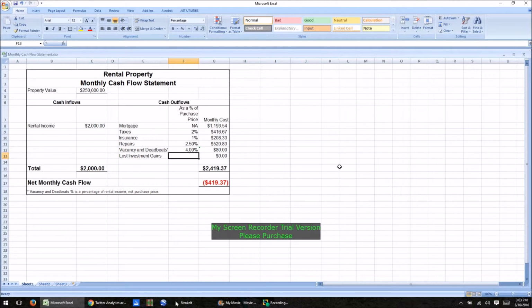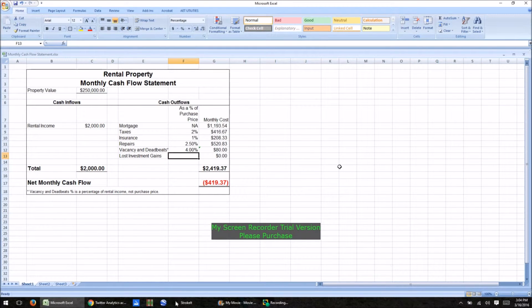Lastly is your lost investment gains. Some people want to put 0 in there, and you can. If you put a down payment, that's essentially an investment into the property that you could have made somewhere else.